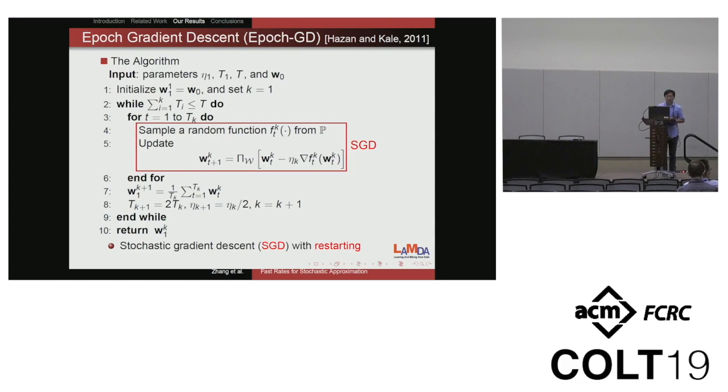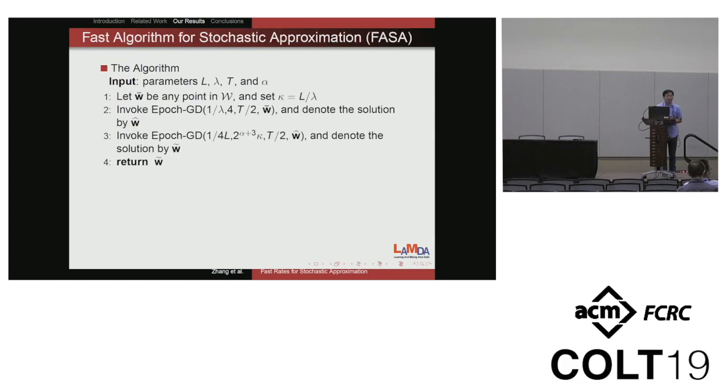Okay, let's see our fast algorithm for stochastic approximation. It's also very simple. The input is first L, the modulus of smoothness, lambda, the modulus of strong convexity, T, the total number of iterations, and alpha is the parameter. In step 1, we just choose any point W bar in the domain, and we set the condition number kappa.